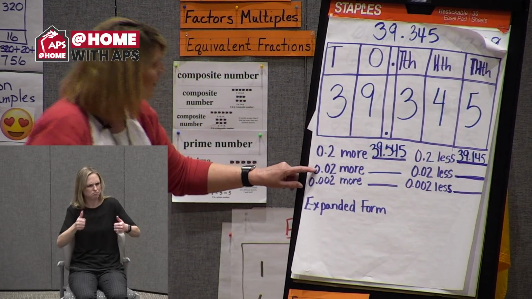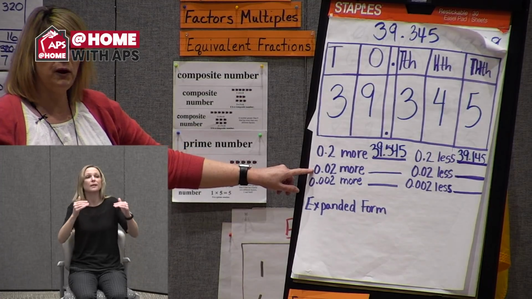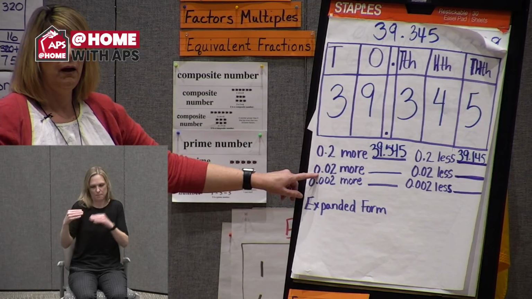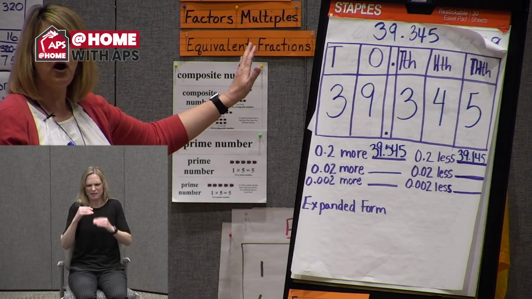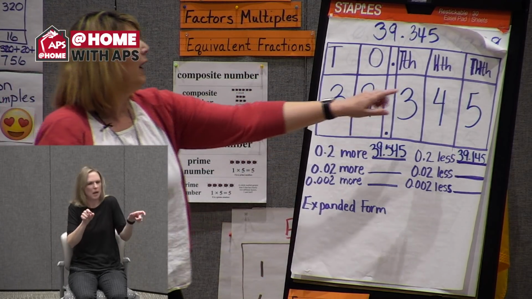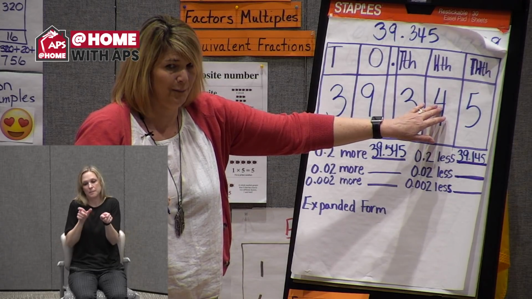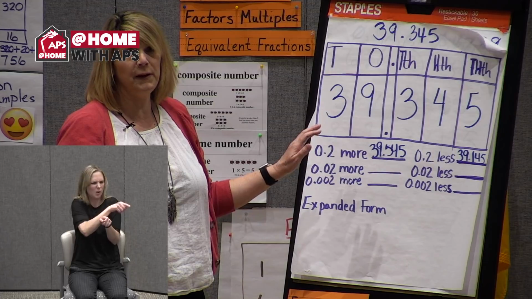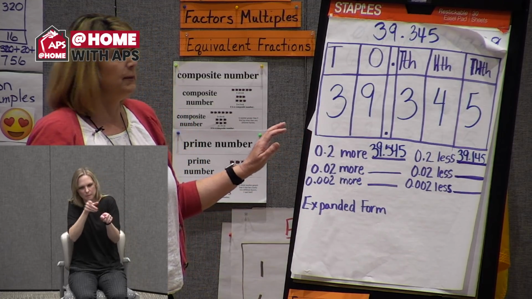Good job. All right. The next one, we're looking at 2/100ths more. Again, we don't want to be in the wrong place to be able to figure out what that new number is going to be. We're going to be over in the hundredths column, right?